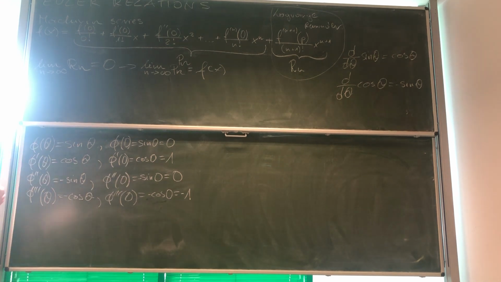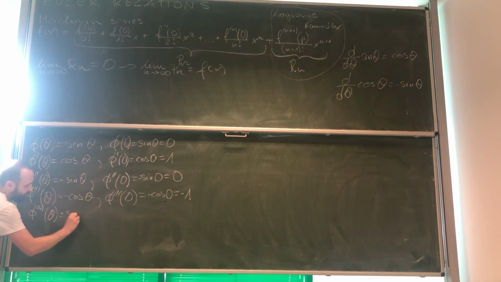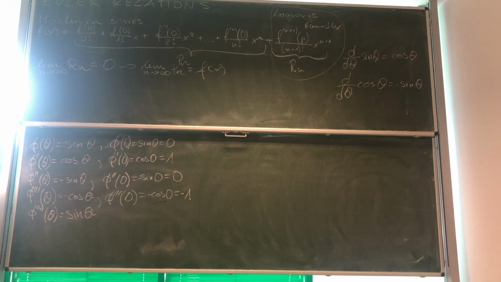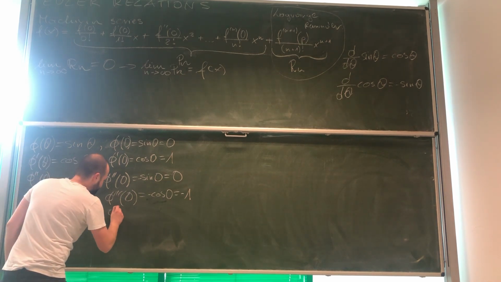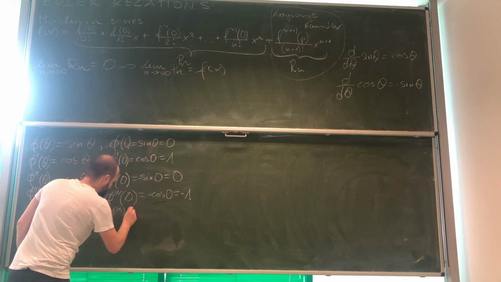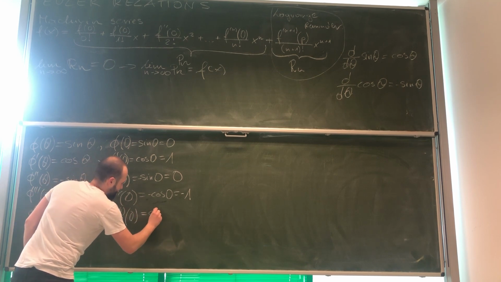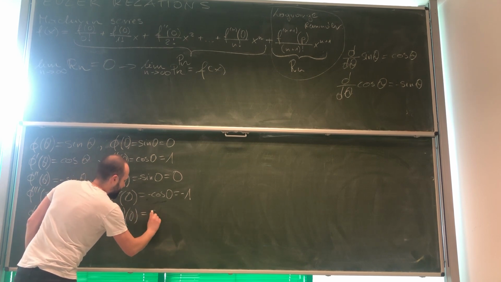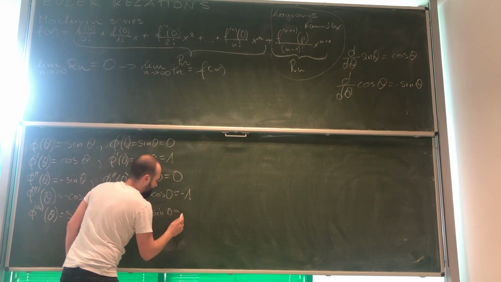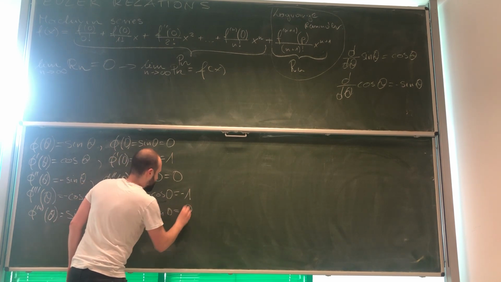Now if I calculate the fourth derivative, the derivative of negative cosine is sine, so we go back to sine theta, which implies that over here we'll have sine of 0, which is equal to 0.